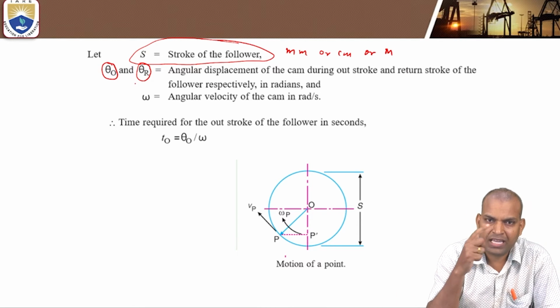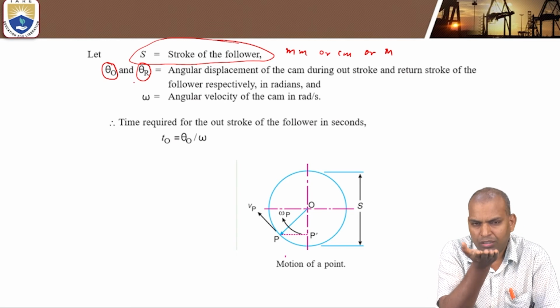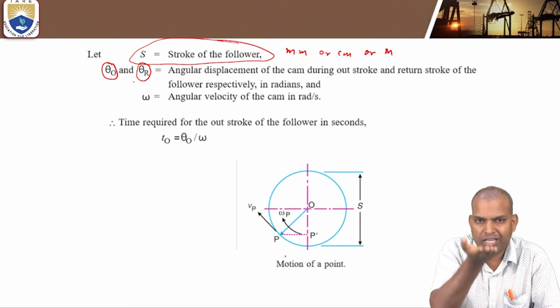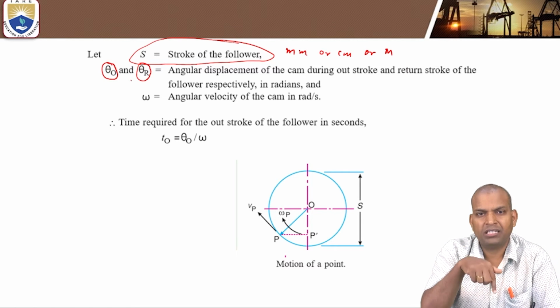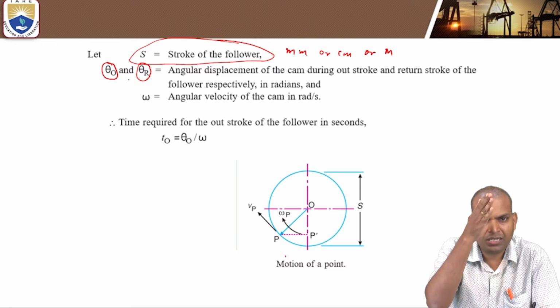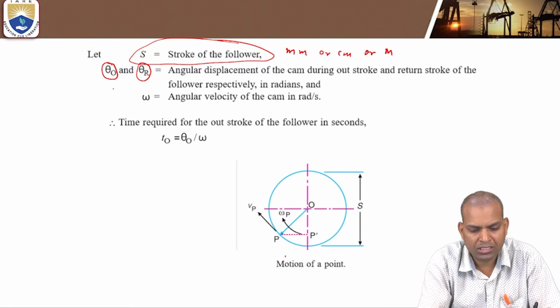When the cam is rotating through a particular angle, that is theta O, the follower moves up. That means rising takes place. After that, what will happen? Then the theta R situation comes. Then it is under the theta R zone, and immediately the follower moves back down. So this theta O and theta R are important.